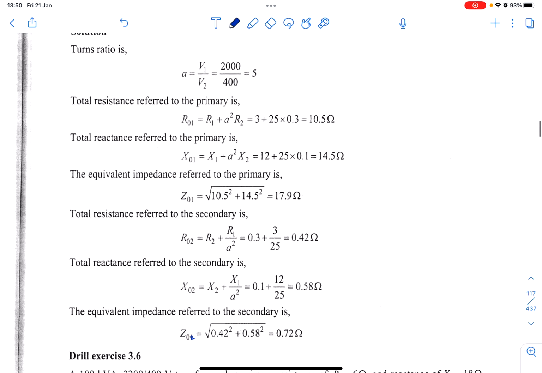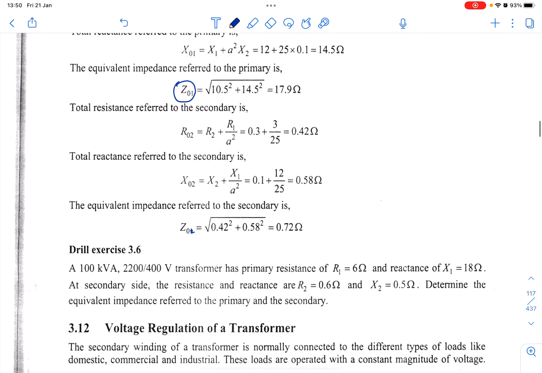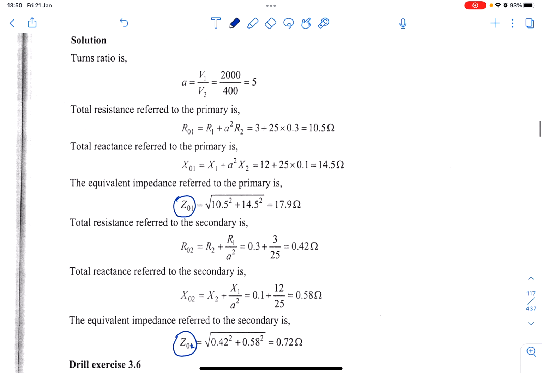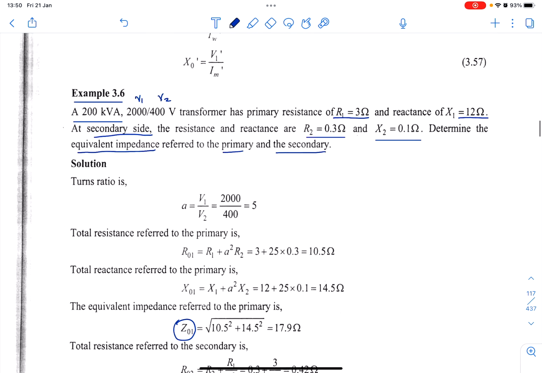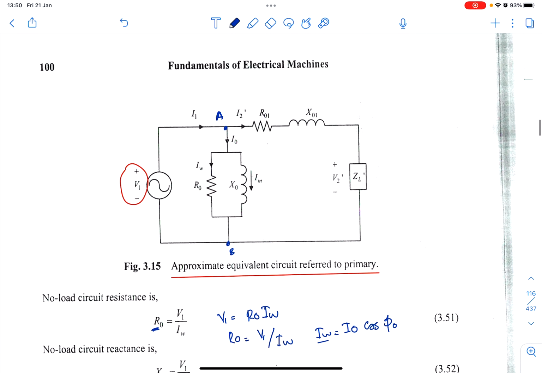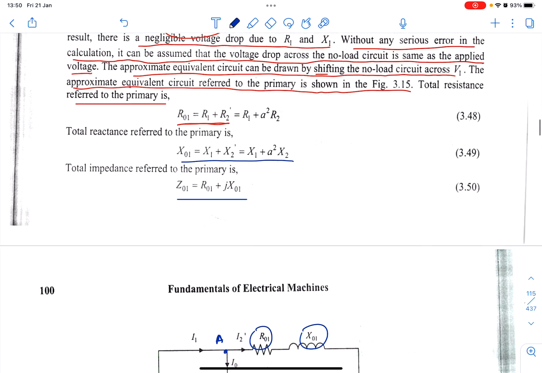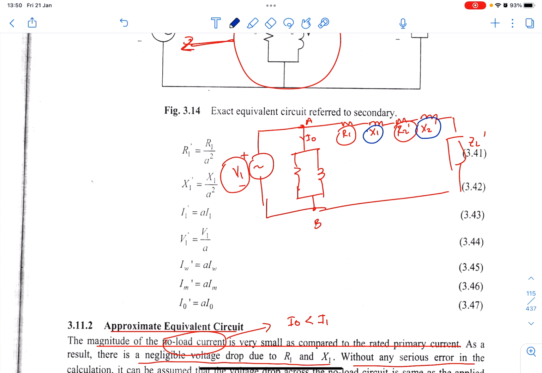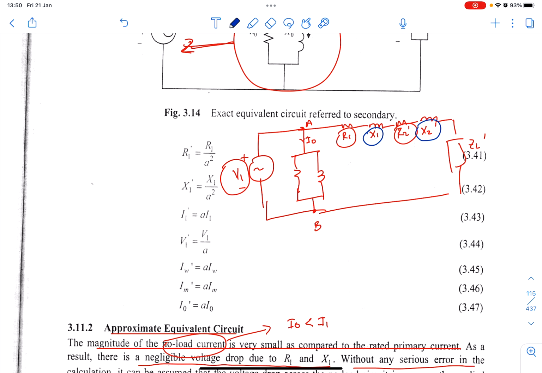So here it asks you to find ZO1 and ZO2. So if you look back at your equation, the approximate equivalent circuit here, on how to calculate RO1 and XO1, it is only the addition or summation of the R1 here and R2 prime for referring to the primary.